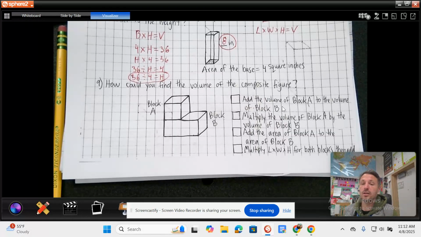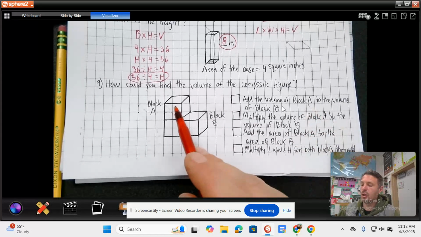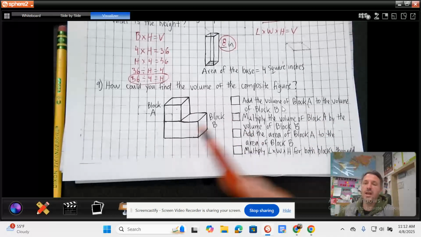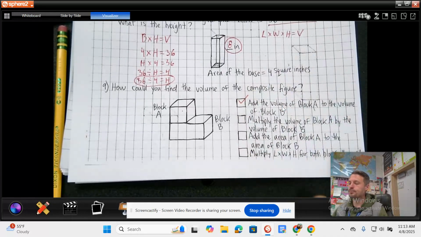Yes, because the way you find the volume of a composite figure is by finding the volume of each three-dimensional figure that it's made of separately and then adding those separate volumes together at the end. And that's basically exactly what that says. Find the volume of block A, find the volume of block B, add those two volumes together. You have the total volume for the entire rectangular prism, so that one would work.